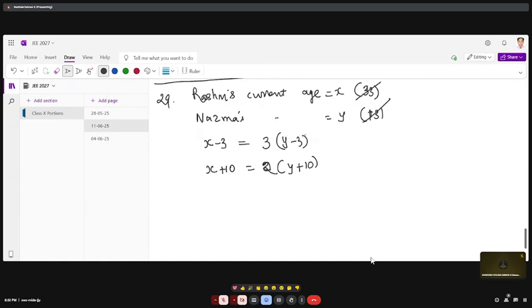What did you get? Rashmi, 42 years old. Nazma, 16 years old. Okay. So 3 years ago, it would have been 39 and 13, which is 3 times. 10 years later, 52 and 26, which is 2 times. Very good. This is correct answer. Okay. Very good.